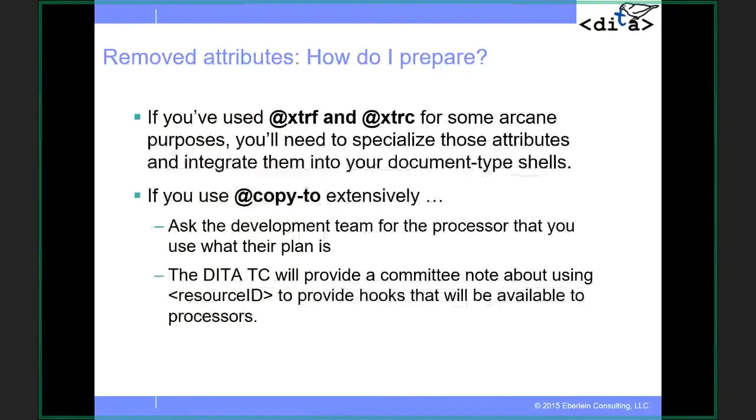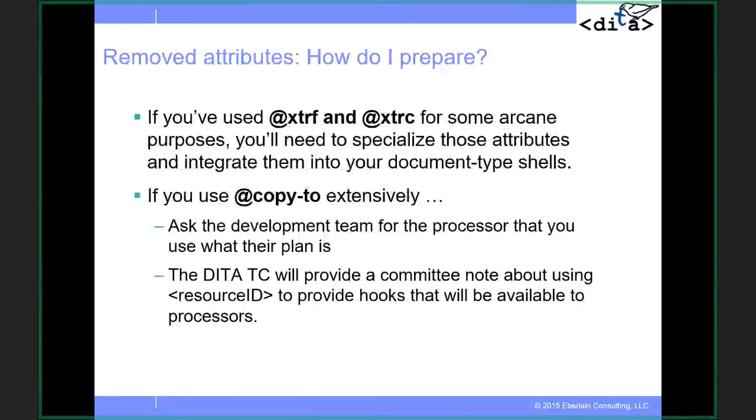If you use copy to extensively, and we know that some people do, we know that there's a strong use case for the functionality that the copy to attribute provided. Look at your processor and ask the development team for the processor what their plan is. What sort of functionality are they adding?